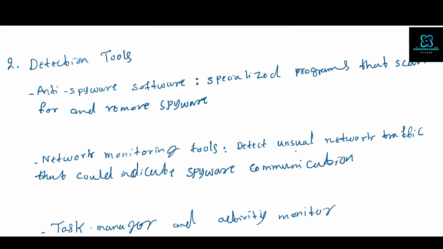That indicates that after spyware has collected the data from your device, it needs to somehow communicate and send this data to the attacker. Depending on the amount of data it has collected, it will generate some network traffic, and you can detect this unusual network spike.